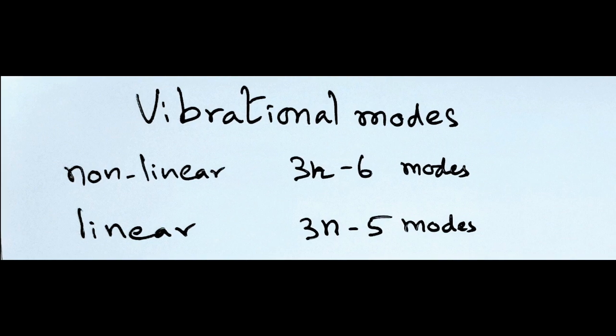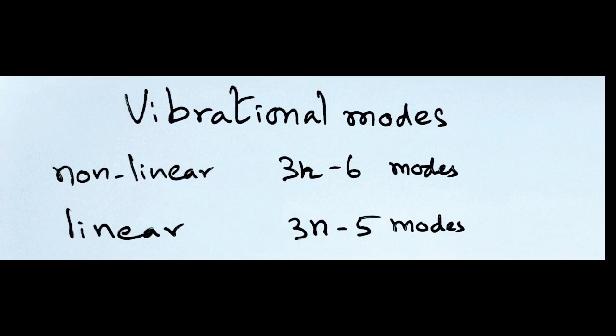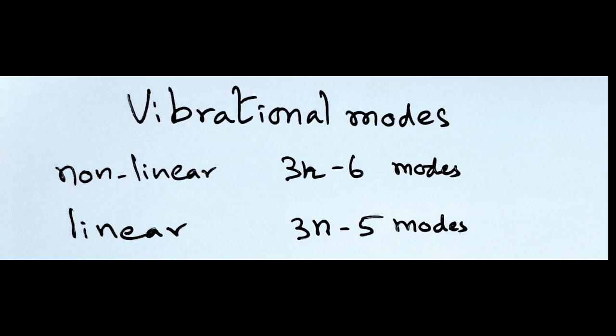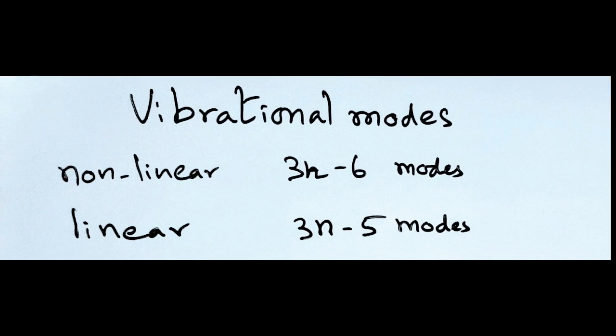Only those vibrational modes which do not produce a change in dipole moment will absorb electromagnetic radiation in Raman spectroscopy. So if you make a comparison between infrared spectroscopy and Raman spectroscopy, the rules are just opposite. The vibrational modes which are IR active are Raman inactive.